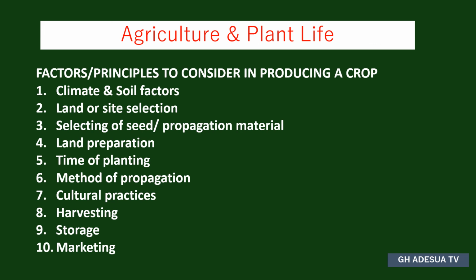Now, after harvesting, you need to store, and storage is one of the challenging parts in our locality, or the challenging factors that people do not consider. So you go to the market, you find out that so many tomatoes have been harvested, but there are post-harvest losses.